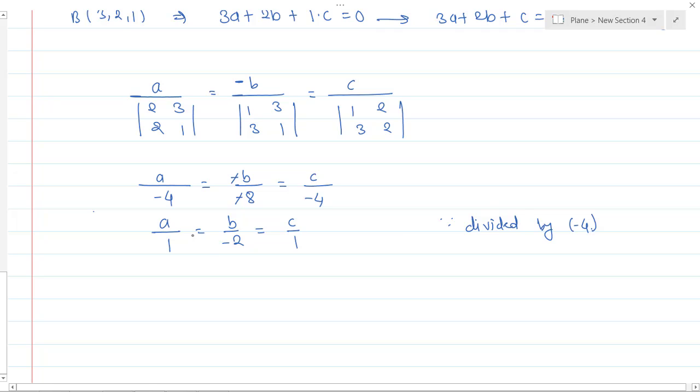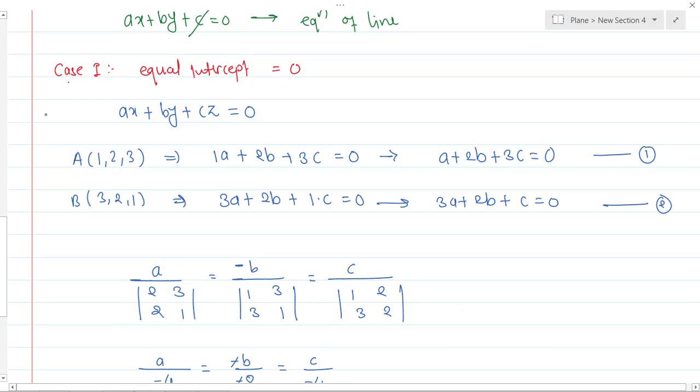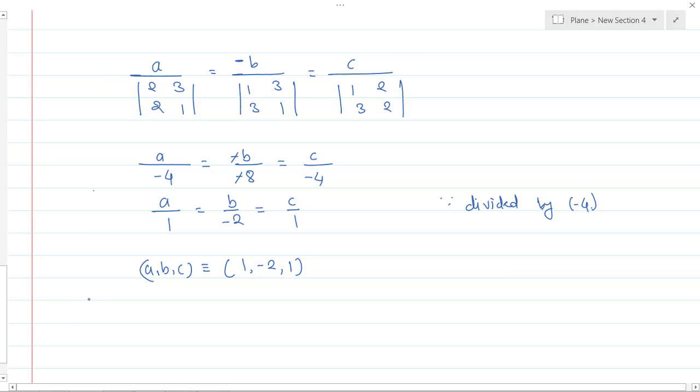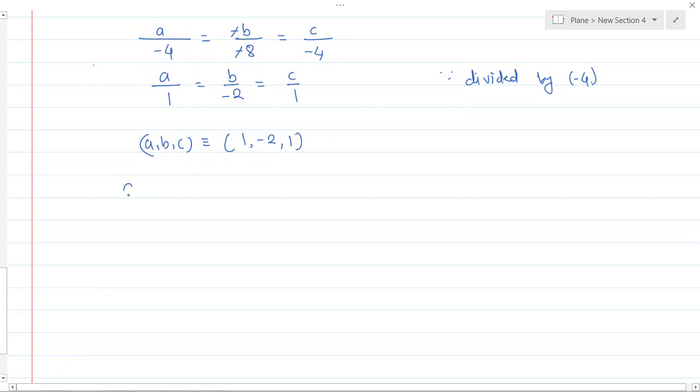Okay, so these become the values of a, b, c. So a comma b comma c becomes proportionate to 1 comma minus 2 comma 1. Now you can simply substitute this 1, minus 2, 1 in this equation ax plus by plus cz equals 0, which implies 1 into x minus 2 into y plus 1 into z equals 0, sorry, it should be x.